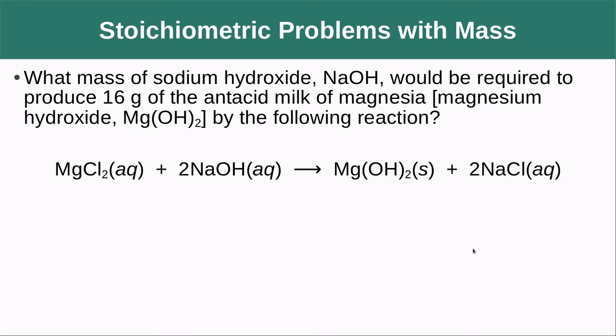What mass of sodium hydroxide would be required to produce 16 grams of antacid milk of magnesia, magnesium hydroxide, by the following reaction? So we have magnesium chloride plus 2 moles of sodium hydroxide going to magnesium hydroxide plus 2 moles of sodium chloride.